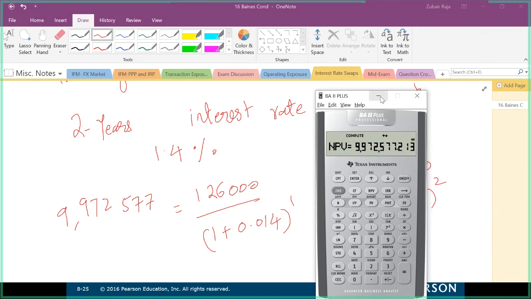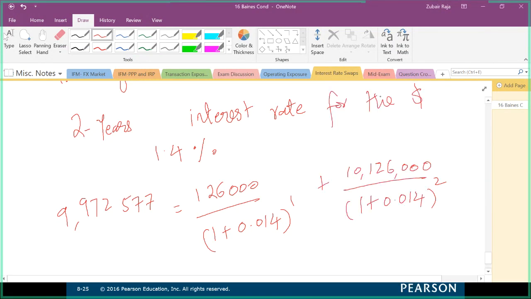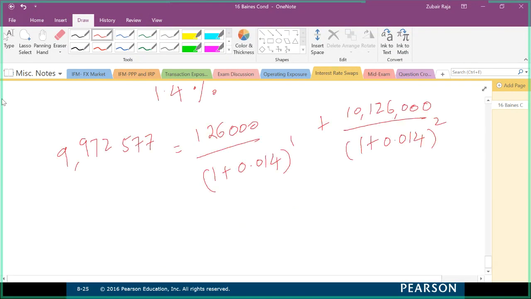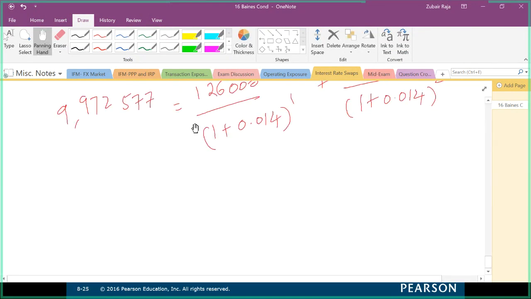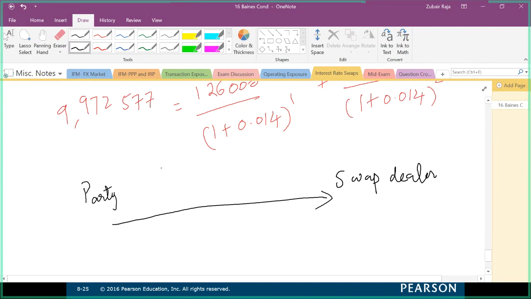So it means that in future, if now after 1 year, there is a party sitting over here who entered into the swap with the swap dealer who sold the swap, cross currency swap, to the party. This party needs to unwind the position and get out of the swap contract.